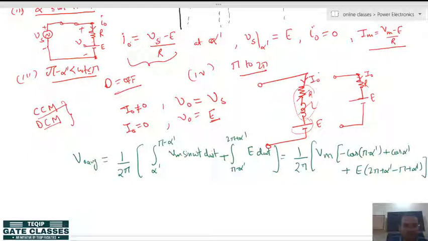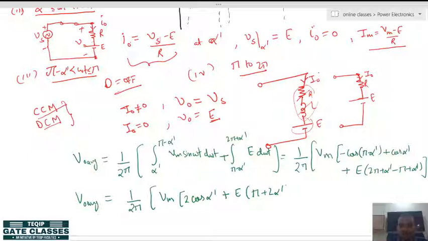When you solve it, the average output voltage is 1 upon 2 pi, V m. We know that cos of pi minus theta is minus cos theta, so it becomes cos alpha dash plus cos alpha dash, 2 cos alpha dash, plus E multiplied by pi plus 2 alpha dash.